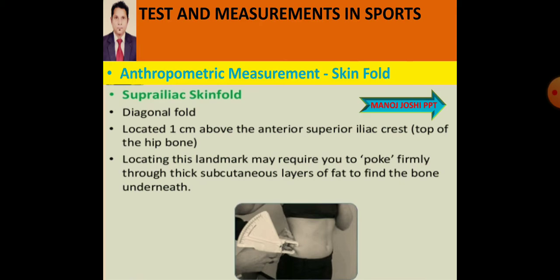So this is just above the thigh, at the waist region we can see the suprailiac skin fold. Just at the side of the waist, above the hip region, hip bone.